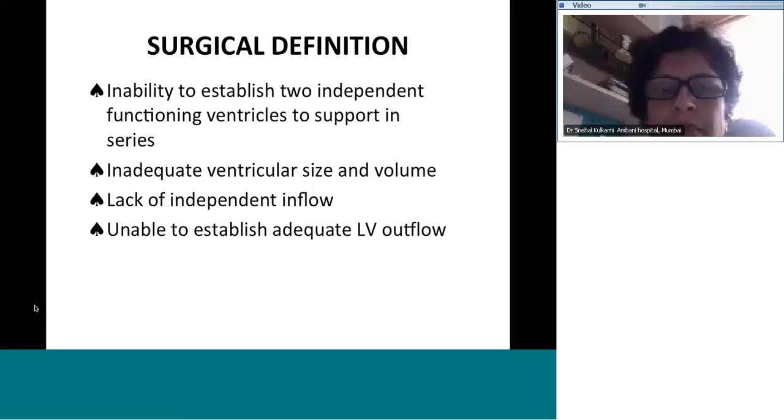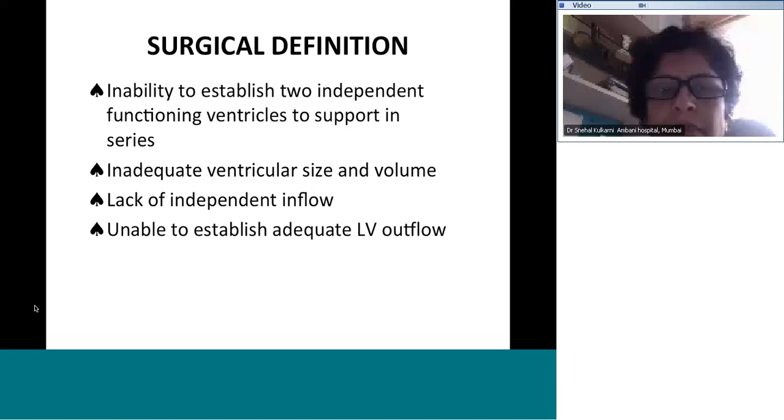So by surgical definition: hypoplasia of either of the ventricles, lack of independent inflows, and inability to establish adequate left ventricular outflow. In this third situation, in addition to hypoplastic left heart syndrome, we have entities like double outlet right ventricle with a VSD in a location where you may not be able to establish a good left ventricular outflow.